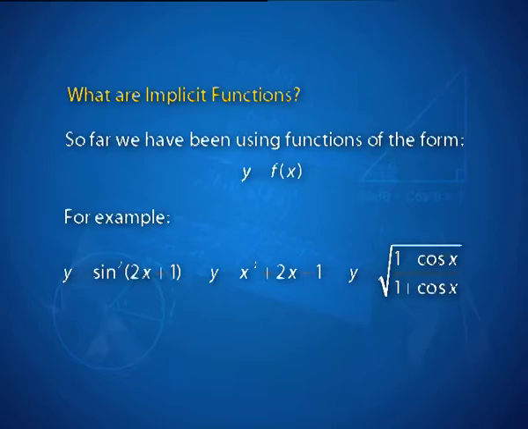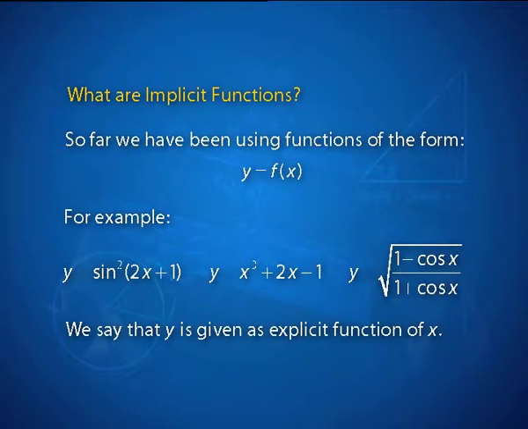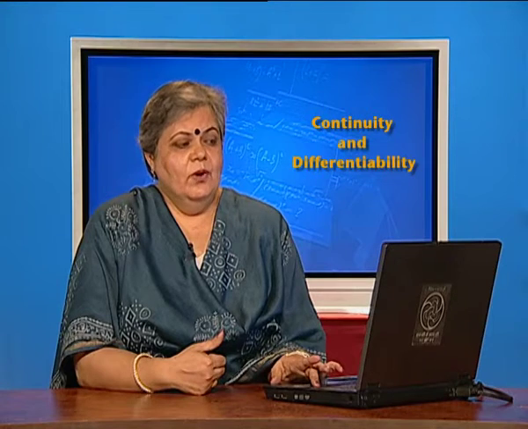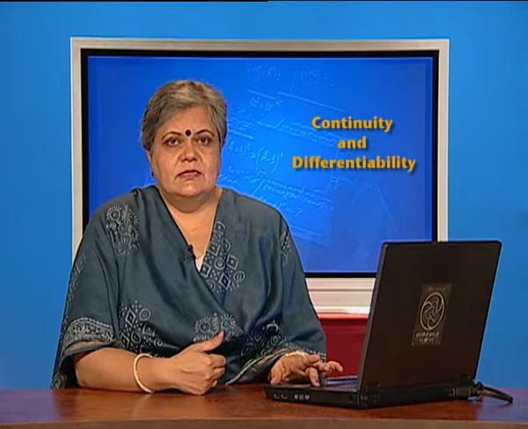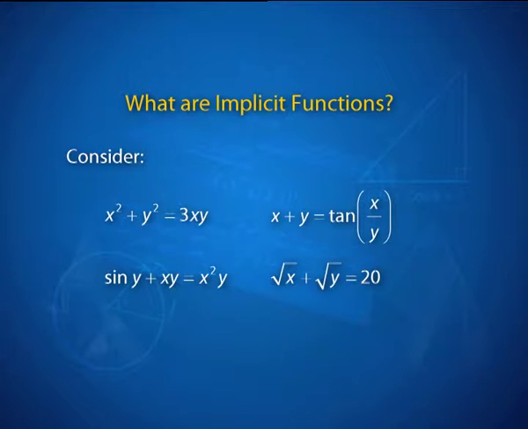Such functions where y is clearly expressed as a function of x are called the explicit functions of x. What happens in these cases? Can you solve y in terms of x? Can you express y as a function clearly written in terms of x?